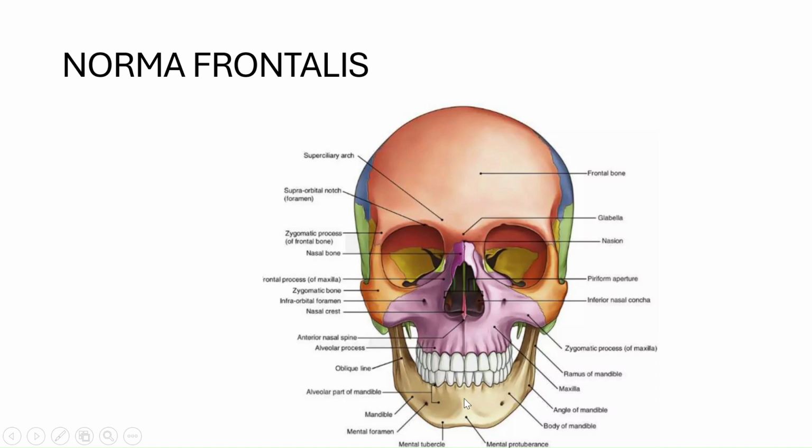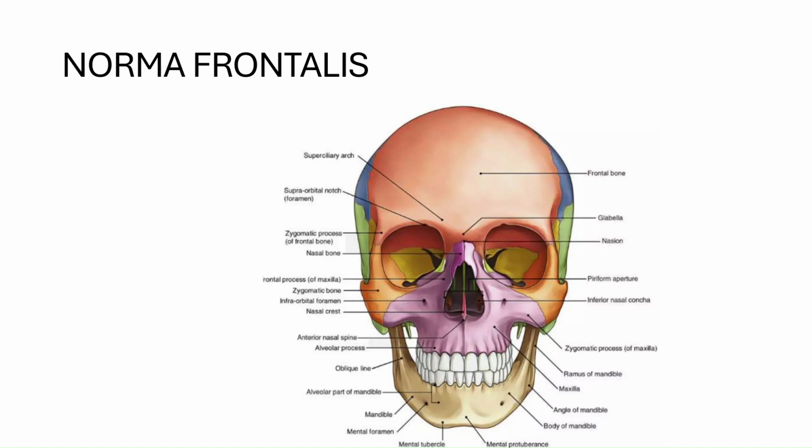If we move in the midline, this is the symphysis menti, and this is mental protuberance or gnathion. Now you will see these three foramina lie in the same vertical plane: the supraorbital foramen, the infraorbital foramen, and the mental foramen.